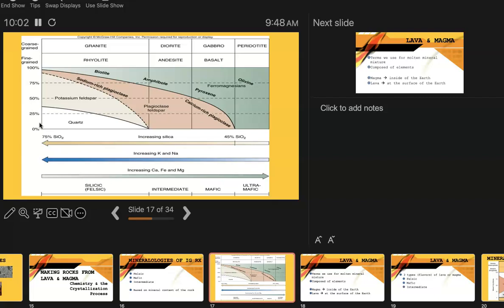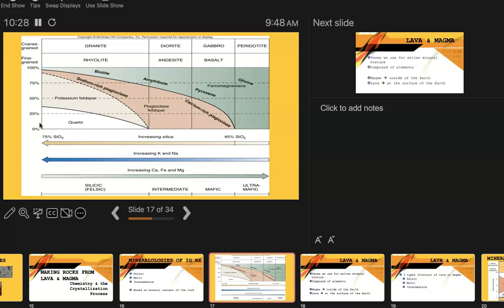Now, we'll see who's actually started at least mentally preparing for the test. Quartz, albite, orthoclase, in other words, the feldspars. Biotite, the micas. Augite, hornblende. Those are all what mineral group? Yeah. All right.